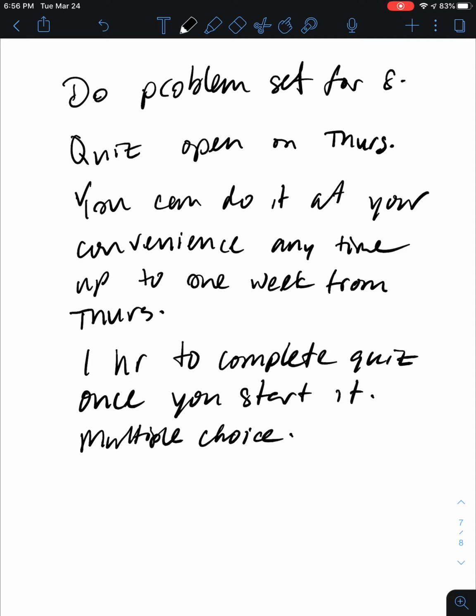You will still have to solve problems like the problems in the problem set, but the answer will be a single number, and I will give you a multiple choice. It will be graded automatically by the UR Courses system, and so you'll be able to see your grade right away for the quiz.